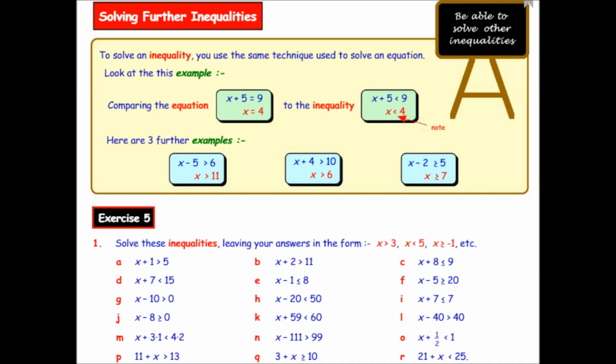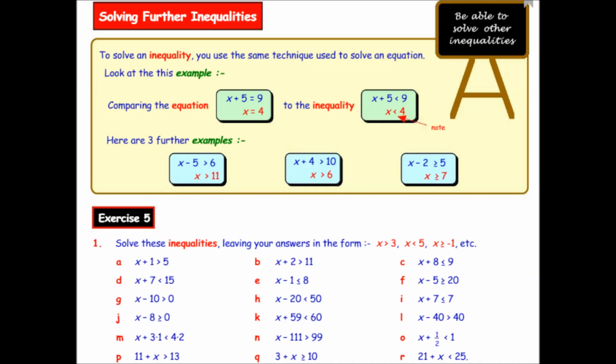Just keep it the same no matter what, and work through these inequalities exactly the same way that you would for the equations that you've already done. Okay? So let's look.